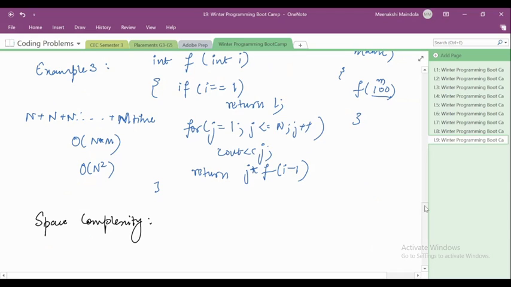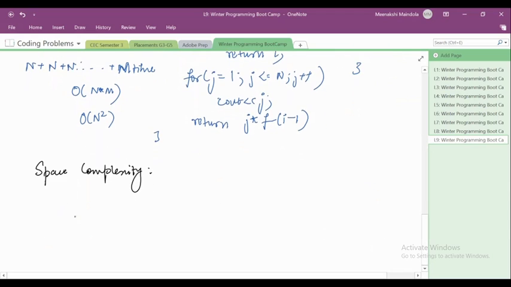Let us move ahead and understand that. Whenever you run a recursive function, it is going to take up space in the stack.